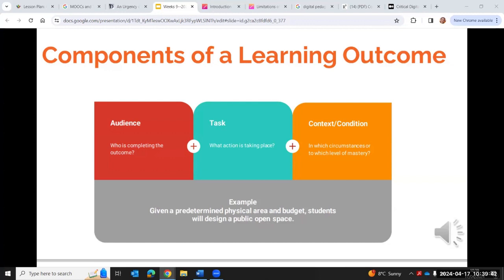So we know that students do this, we know what task it is, they need to design something, and we know the context. Well, it's a bit unclear what country, what area. But you could make that clearer. That would be my critique of this learning outcome. Maybe the context is still a bit unclear, but you could put in a very specific context.